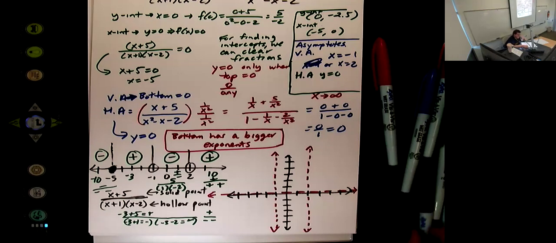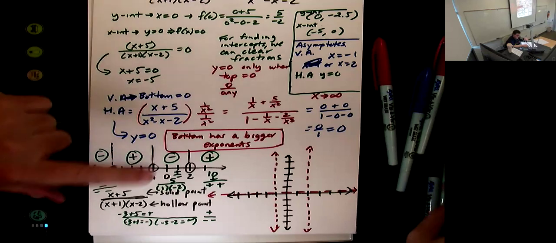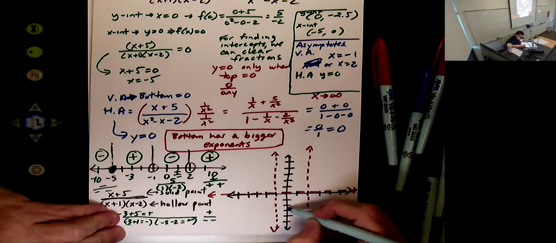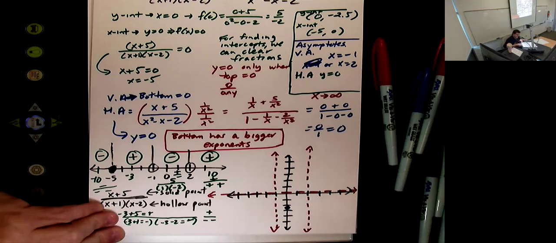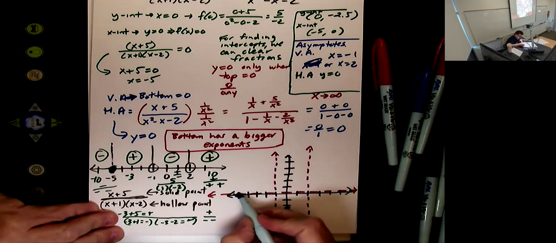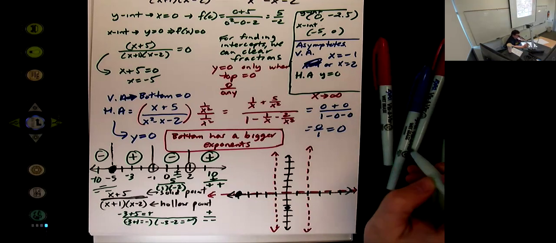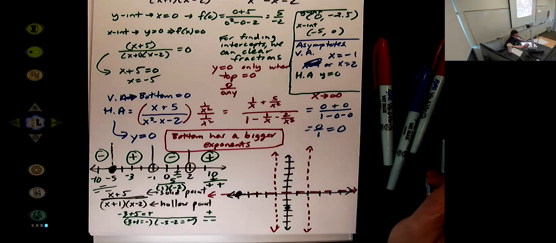Okay, so my intercepts: (0, -2.5) and (-5, 0). That's all I've got other than my sign chart.